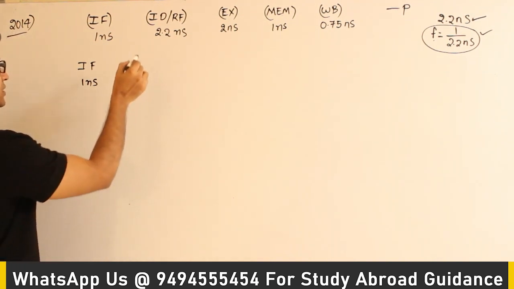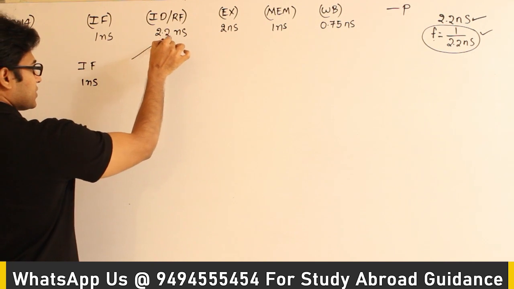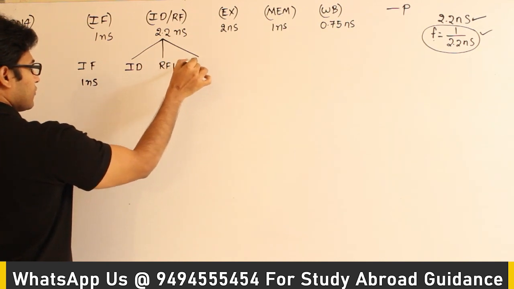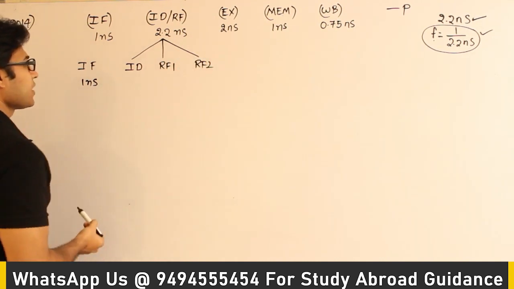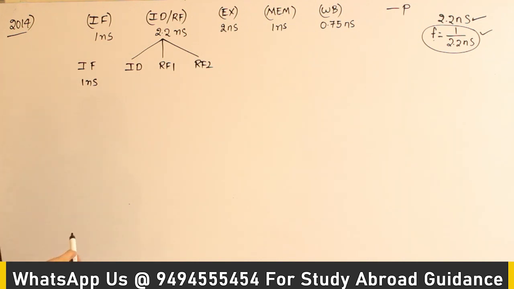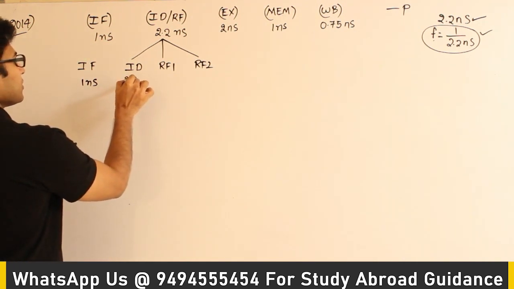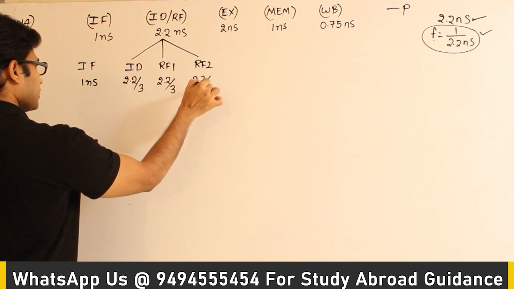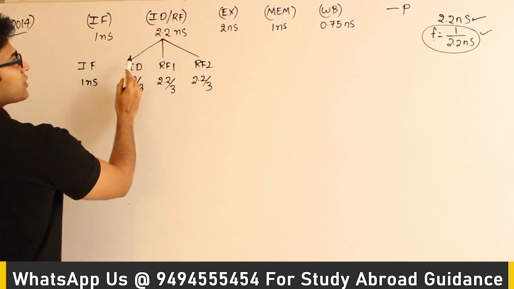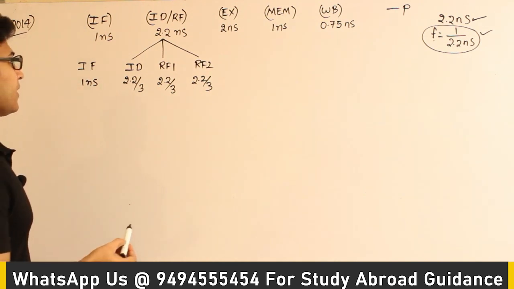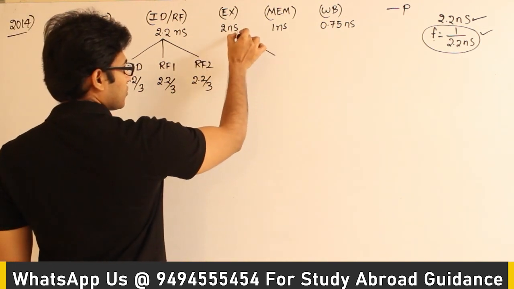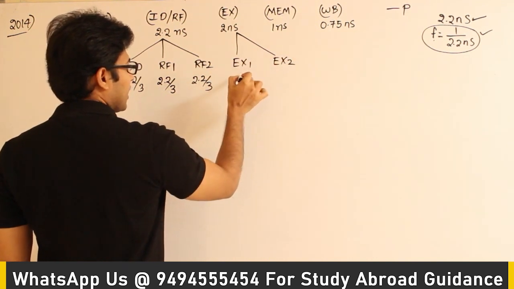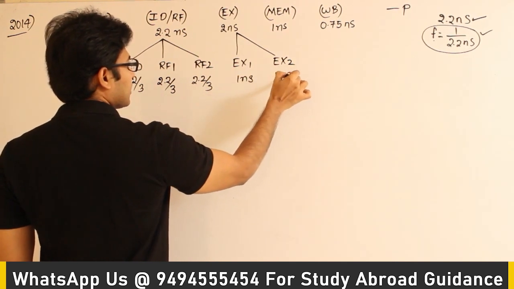The next stage they have divided into 3 stages: instruction decode, fetch the first operand, and fetch the second operand, and they have distributed the time equally, which means 2.2 by 3 nanoseconds each. Then the execute stage they divide into 2 stages, execute 1 and execute 2, each given 1 nanosecond.